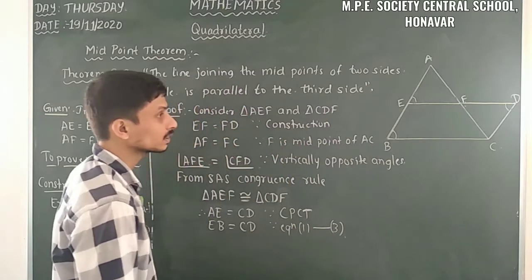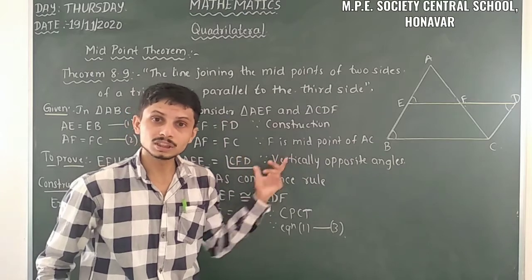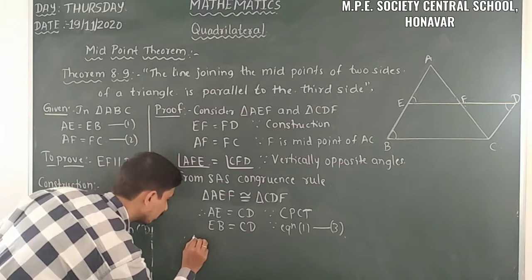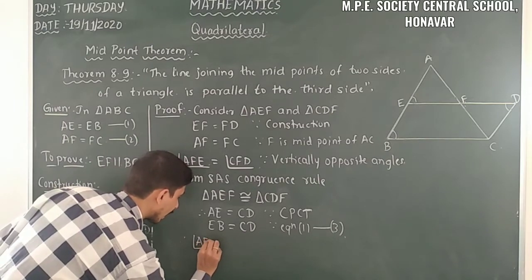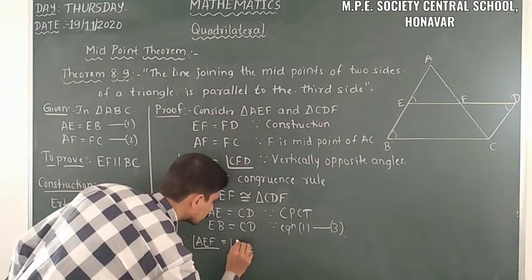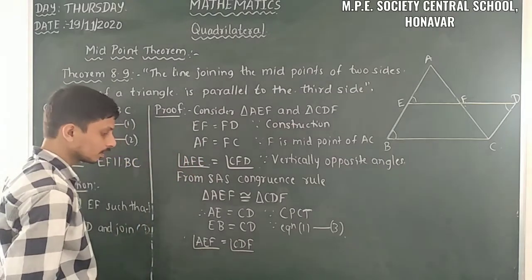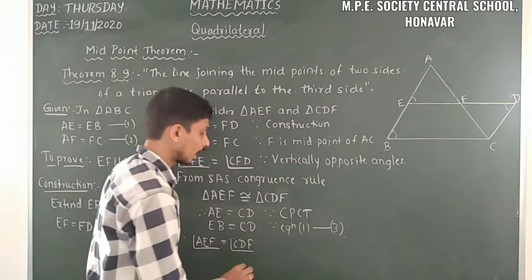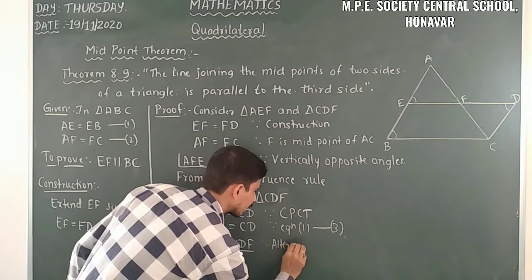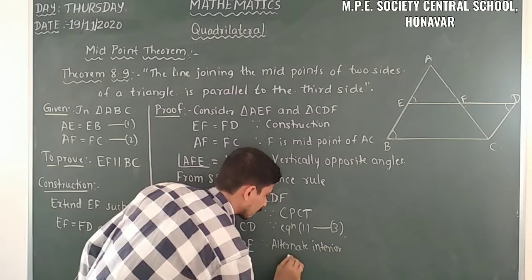That's why we want these two alternate interior angles to be equal. Those two are the corresponding parts of these two congruent triangles. Therefore angle AEF is equal to angle CDF. So here they are alternate interior angles.